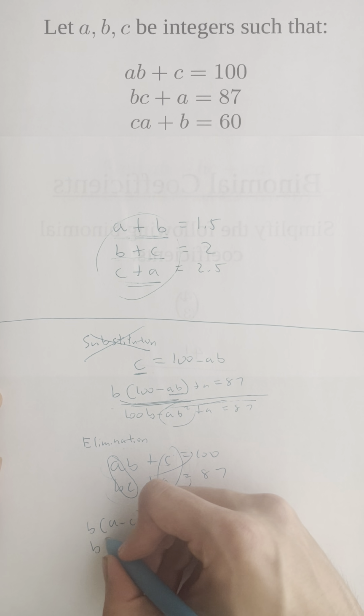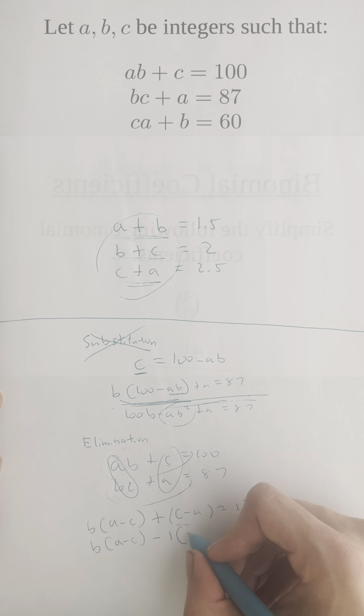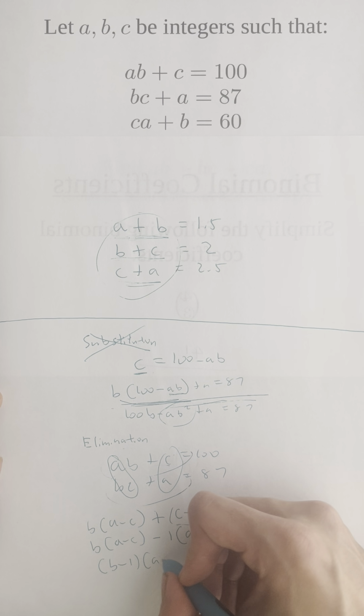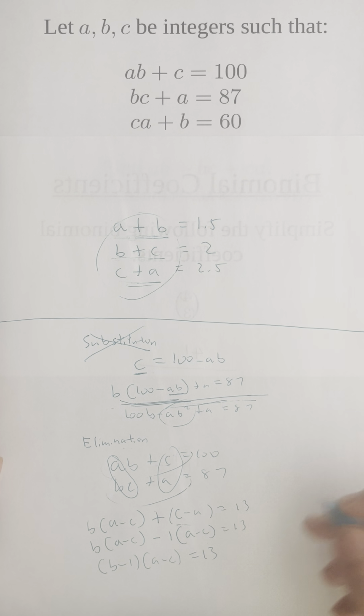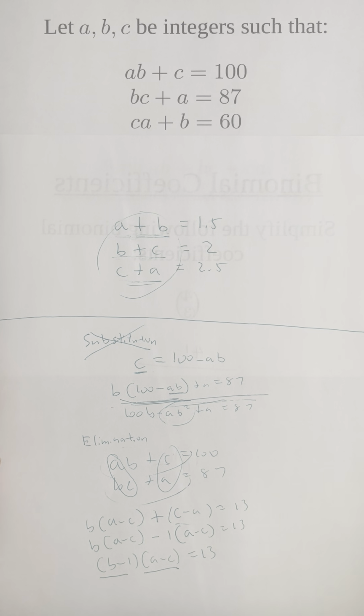And then I can rewrite this as minus 1 times a minus c equals 13. And then this is b minus 1 times a minus c is equal to 13. Yeah, so we have two linear factors now. Two linear terms. We got rid of the nonlinear term. So this looks better.